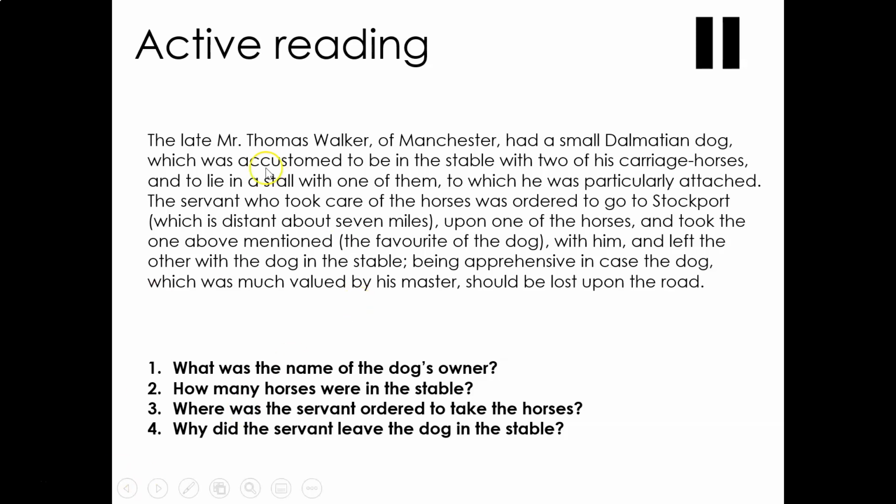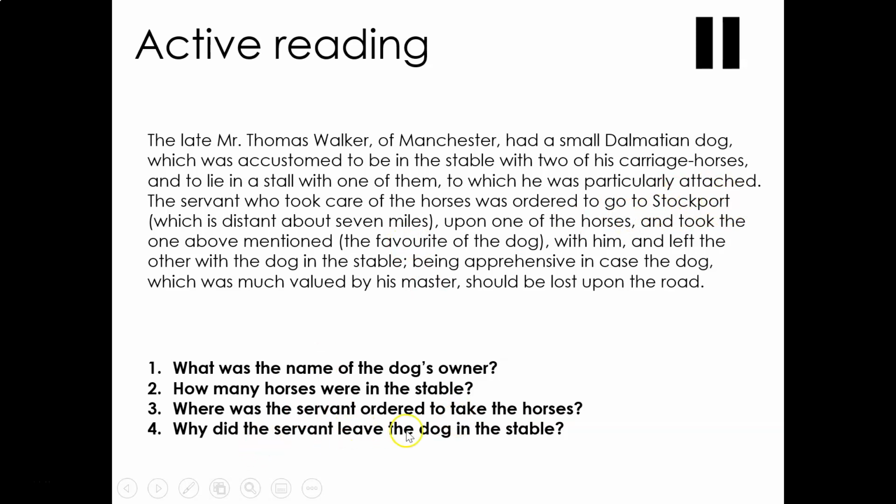Okay, well done then if you notice that the late Mr. Thomas Walker was the name of the dog's owner, that there were 2 carriage horses in the stable, one of which the dog was particularly attached to, but the servant was ordered then to take the horses to Stockport.